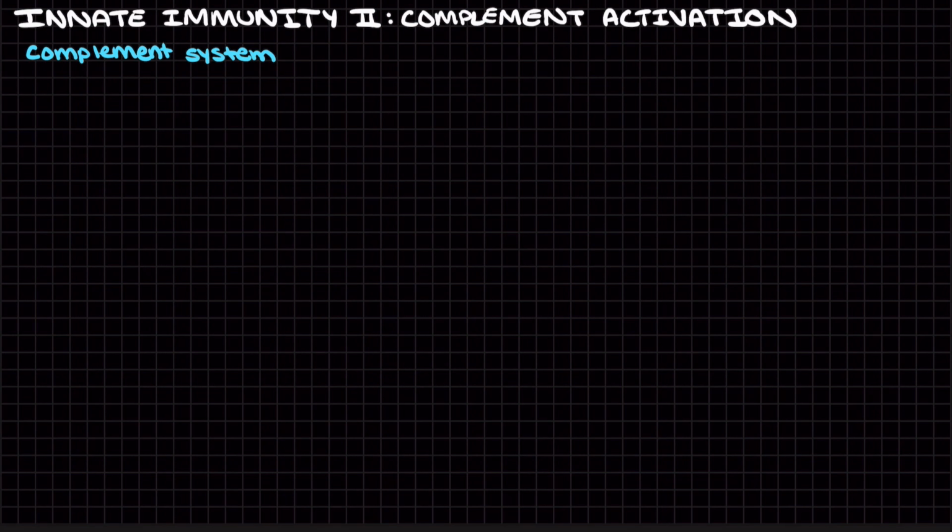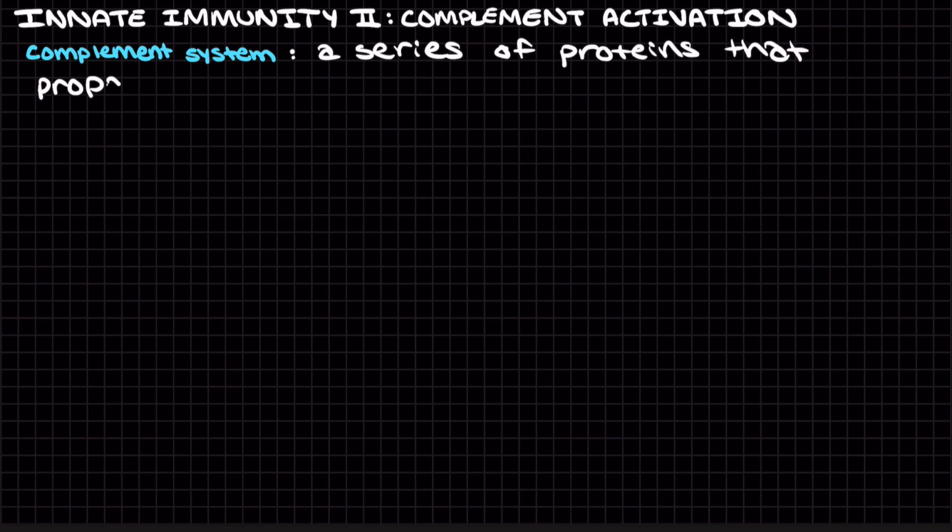The complement system is made of a series of proteins that both propagate and amplify immune responses.